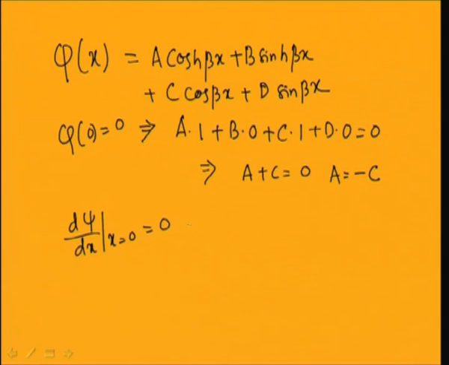If I differentiate, this implies a into, beta will be there, a into sinh, which multiplied by 0, plus b into sinh differentiation becomes cosh, so this becomes 1, and then plus c into cos beta x becomes sin beta x, so sin beta x becomes 0, plus d into sin differentiation becomes cos. In that case this becomes 1.